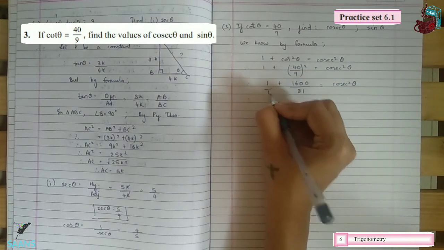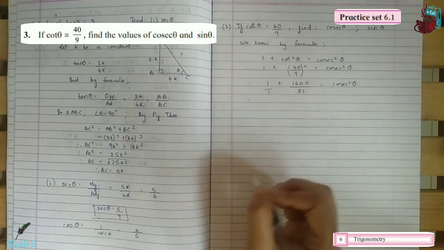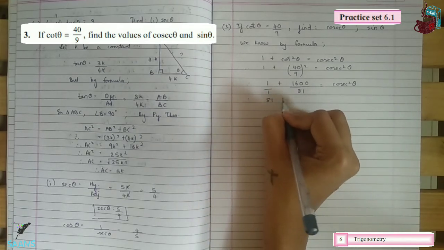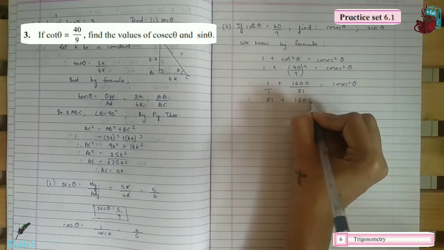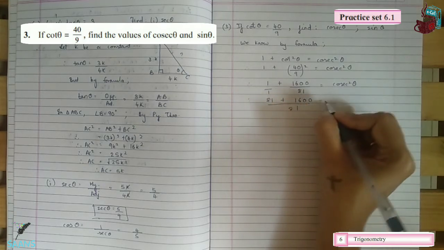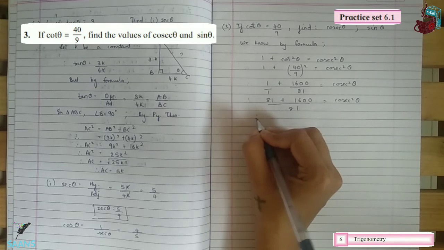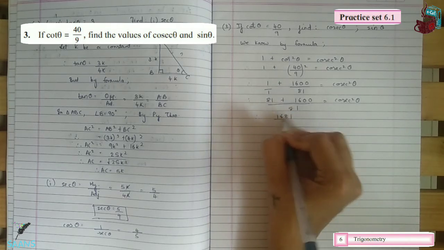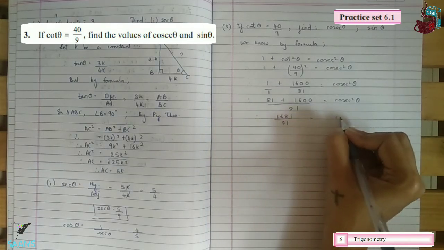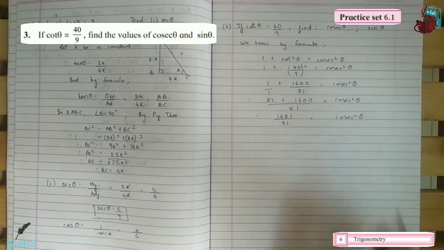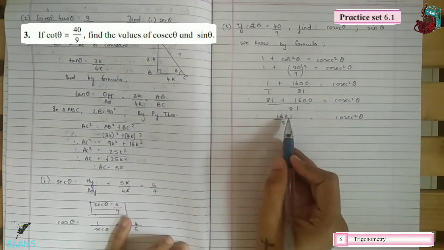Therefore, taking LCM, 81 plus 1600 upon 81 is equal to cosec square theta. Therefore, 1681 upon 81 is equal to cosec square theta. You can either use LCM to find out for this.